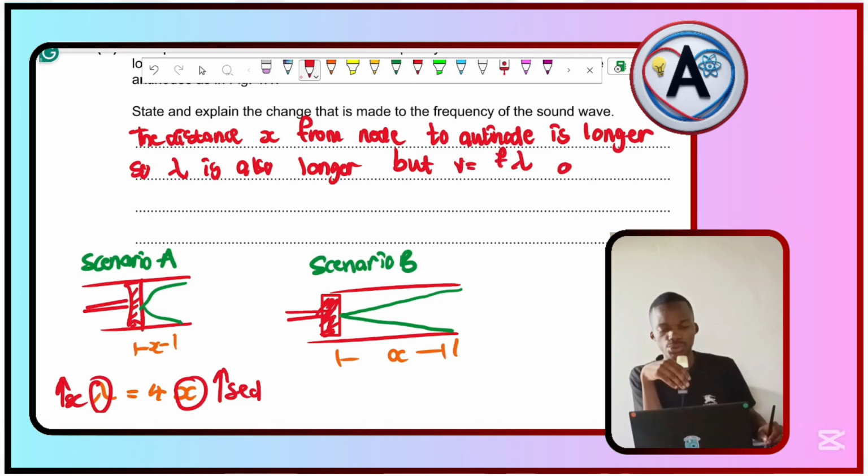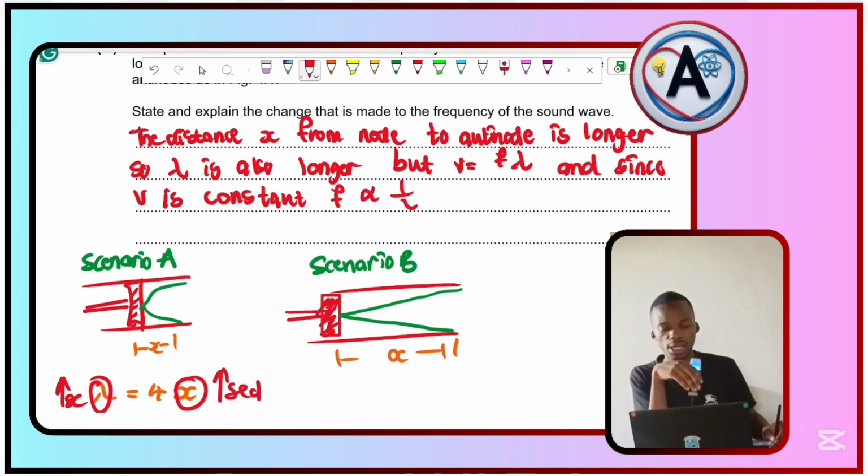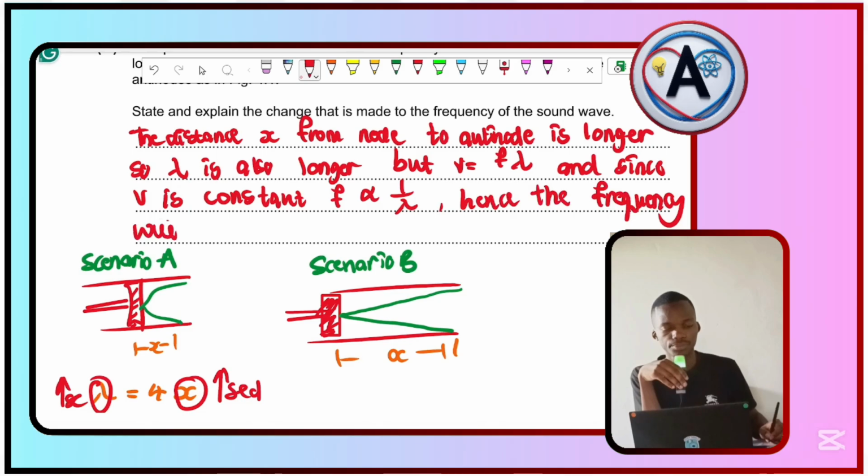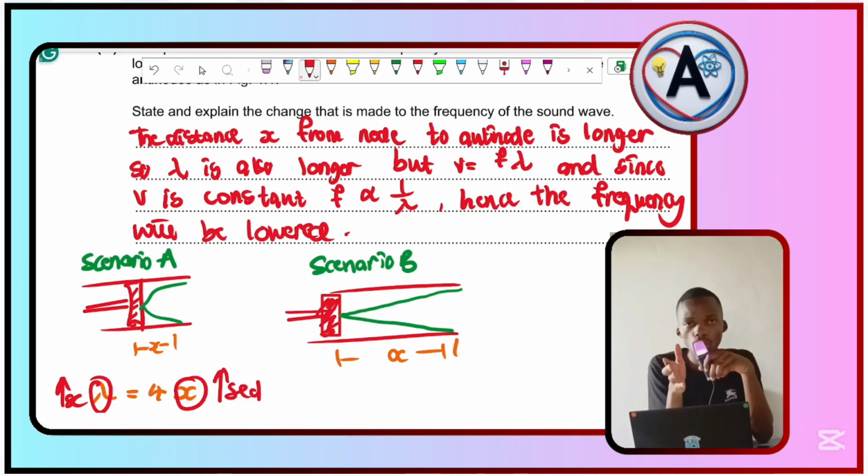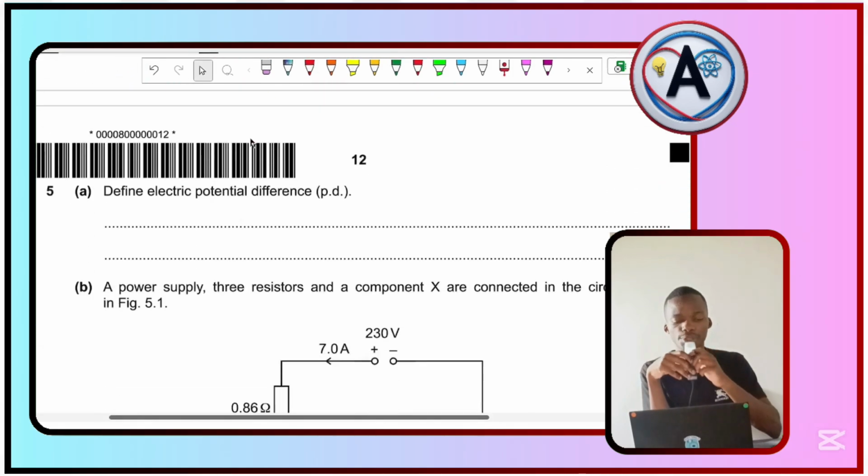But v is equal to f lambda, and since v is constant, f will be inversely proportional to lambda. Hence, the frequency will be lowered. That's basically it. That's the goal of problem solving, step by step, until you arrive at the conclusion.